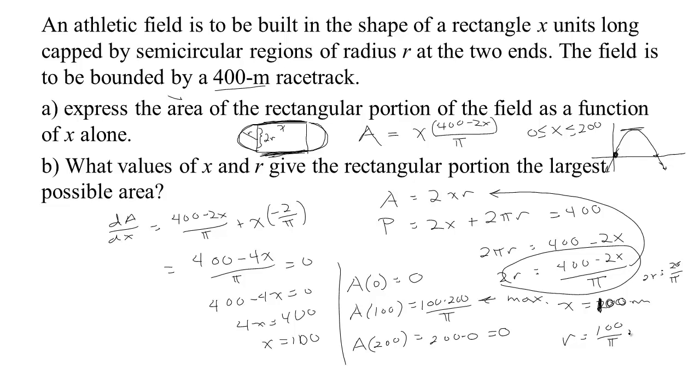So we'll have to make the radius 100 over pi meters. That will give us the biggest playing field that we can have in terms of area with a 400-meter track around the outside.